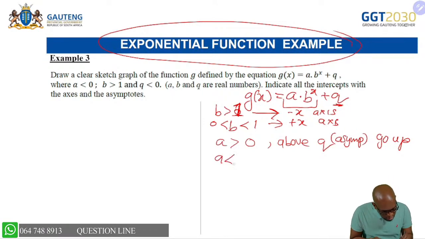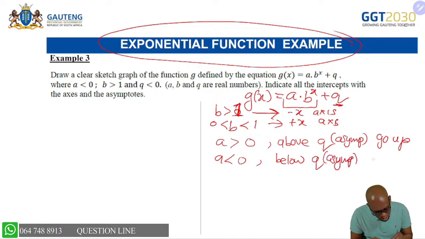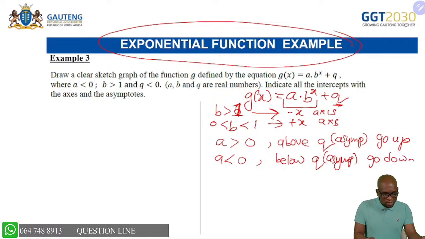But if a is negative, it tells you to start below q, the asymptote, and go down. It tells you about the orientation. So a and b combined give you the general shape of the function.